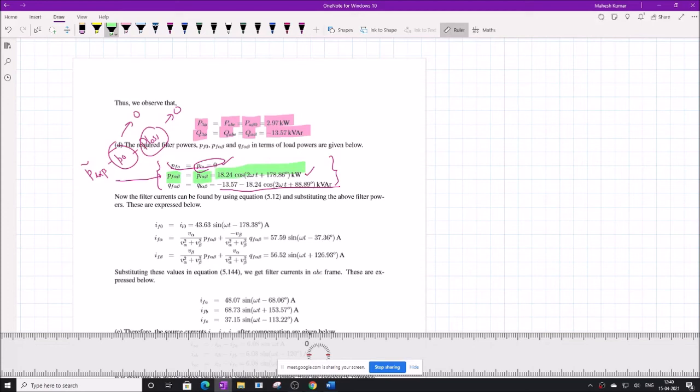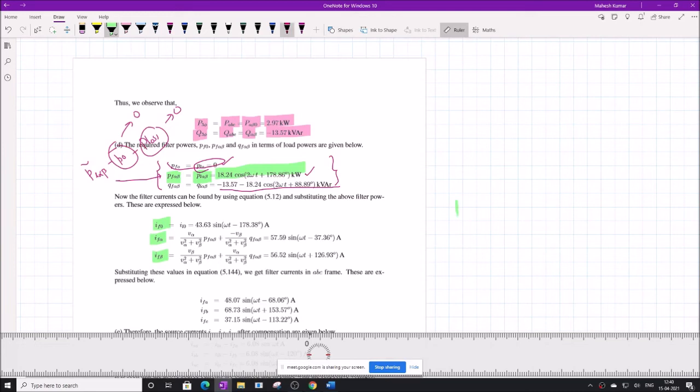So now we know Pf0, Pf alpha beta, Qf alpha beta. We can find If0, If alpha, If beta. Why? The matrix that we have used for correlating power and current components. I hope you remember.